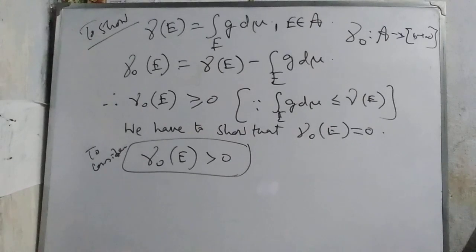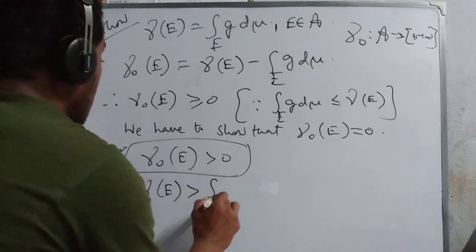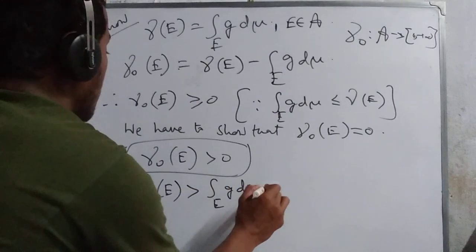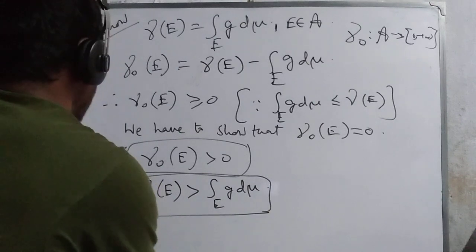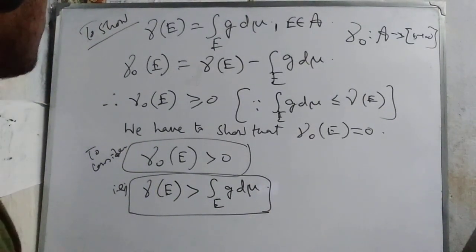That means gamma of E is greater than the integral over E of g d mu.